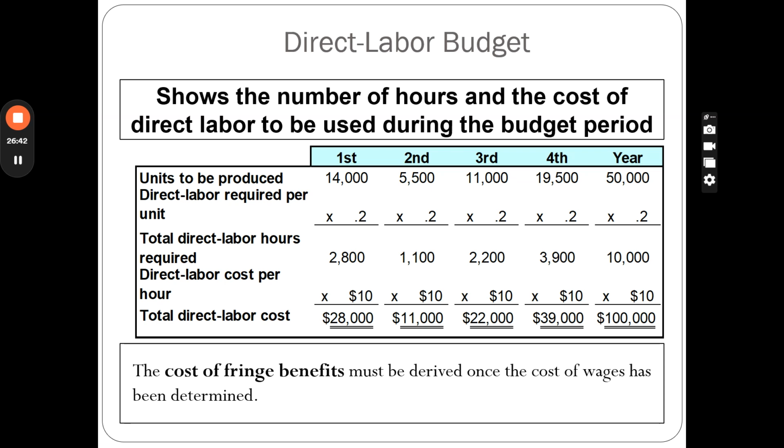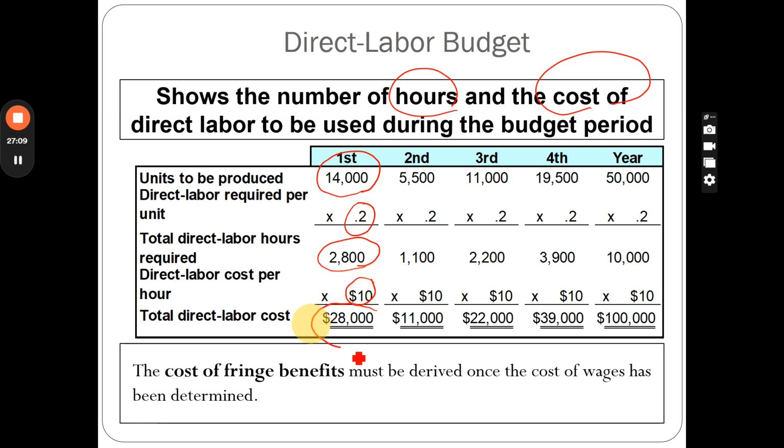Then you will prepare the direct labor budget. This shows the number of hours and the cost of direct labor. Again, this is based on what? Based on your production. I need to produce 14,000 units, and every unit requires 0.2 hours. So that means I need 2,800 hours of production, and per hour I am paying $10.